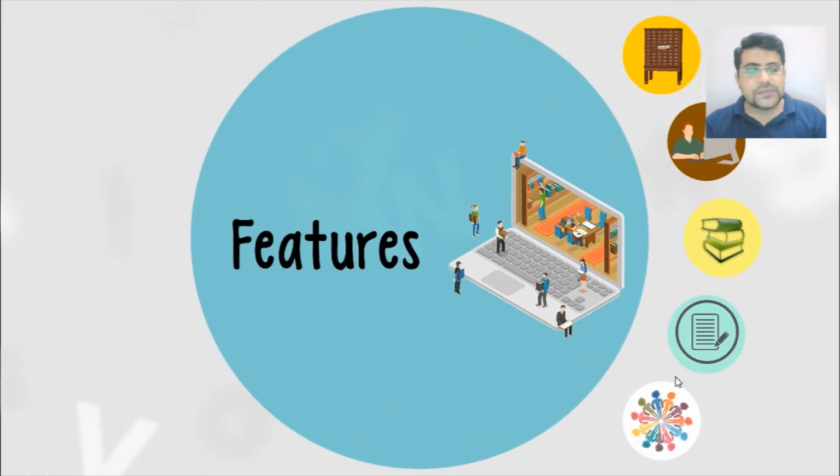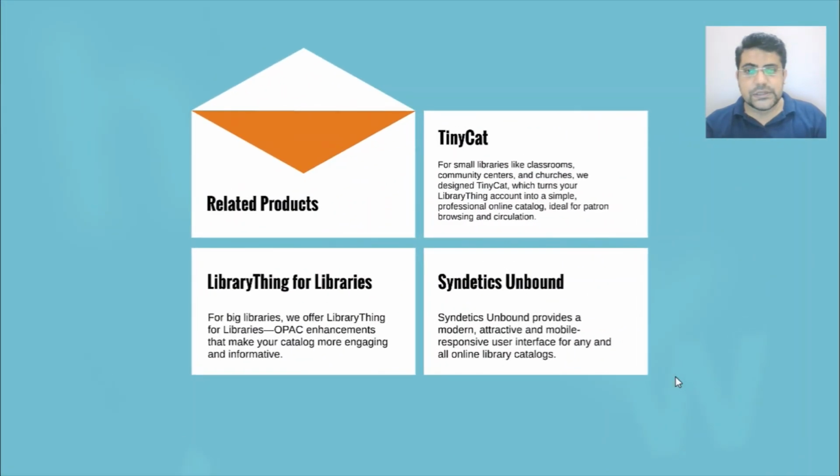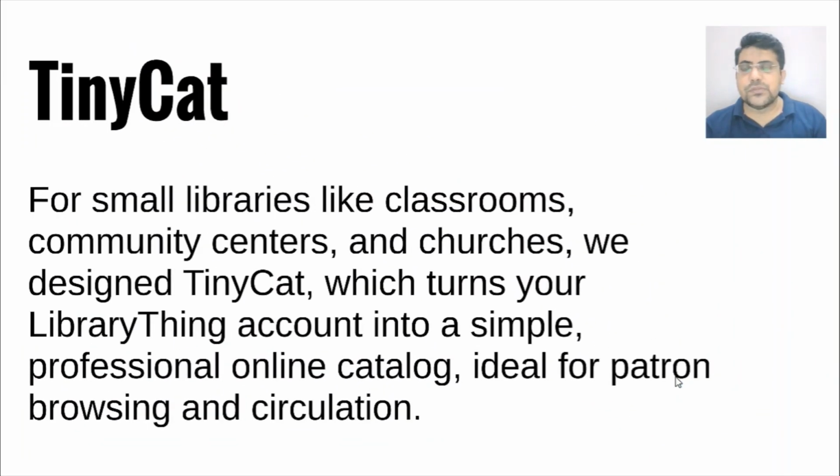After the features, let's talk about some related products. If you are using LibraryThing, you may also hear about TinyCat. TinyCat is for small libraries like classrooms, community centers, and churches. It turns your LibraryThing account into a simple professional online catalog, ideal for patrons' browsing and circulation.